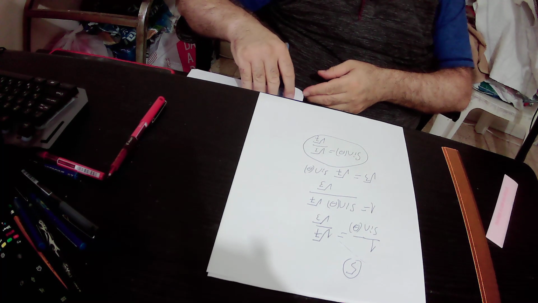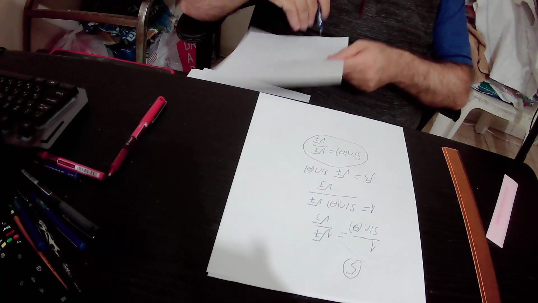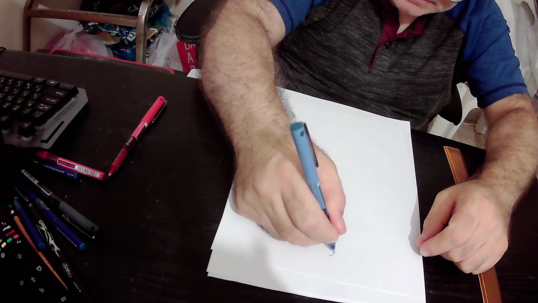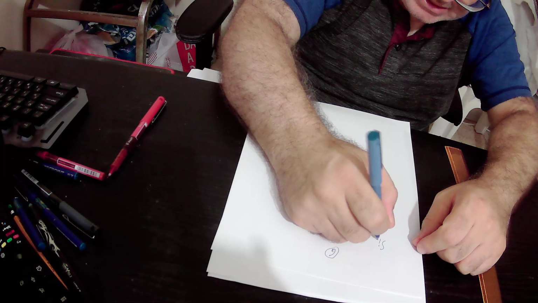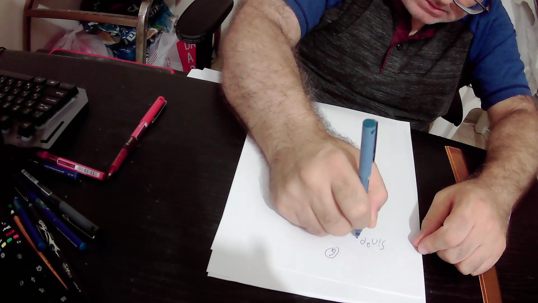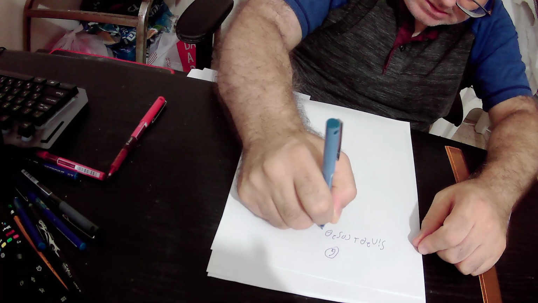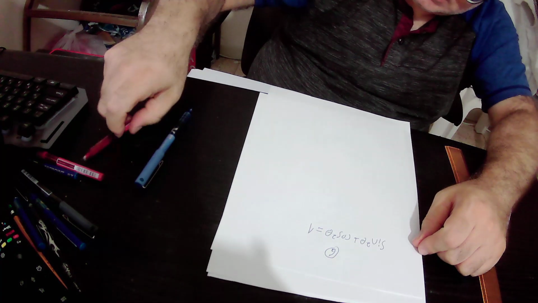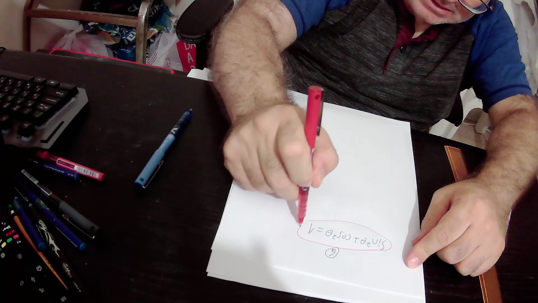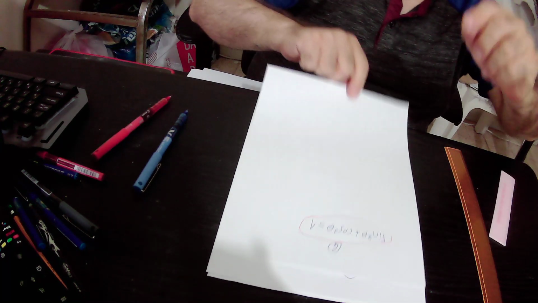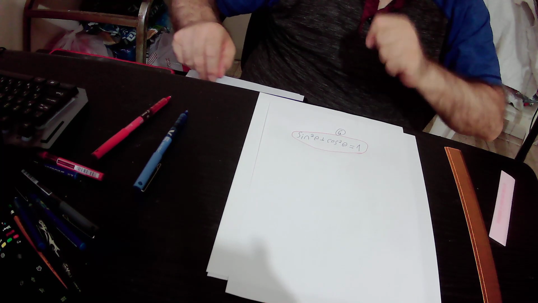We have the following trigonometric identity that states that sinus theta squared plus cosinus theta squared equals 1. So that is our trigonometric identity.